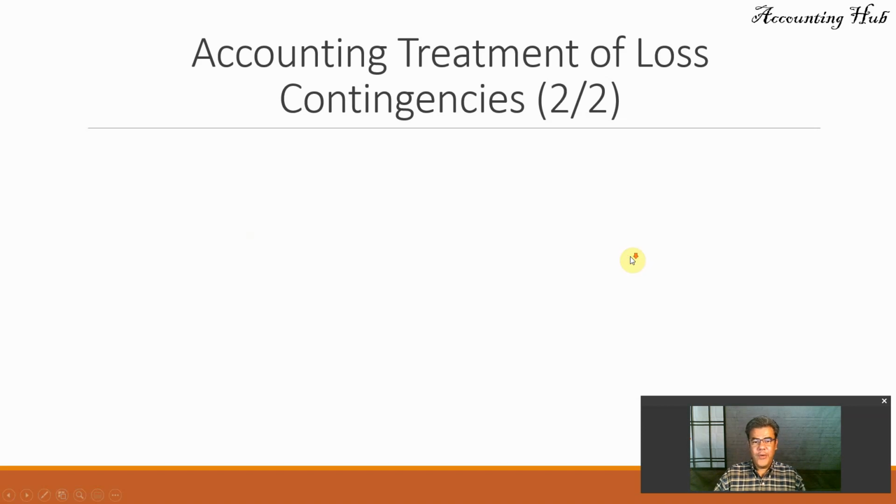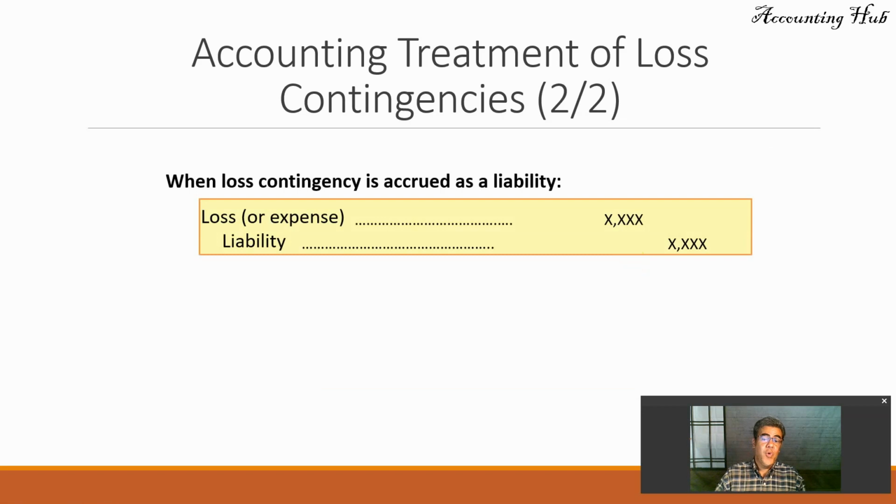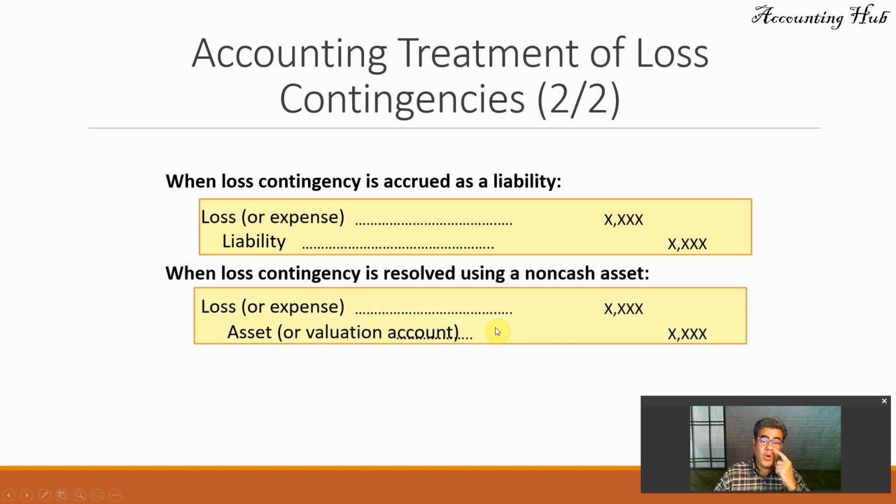And what is our journal entry? That is quite easy. When a loss contingency is accrued, debit loss or expense, for instance, loss on warranty or warranty expense, and credit contingency liability or provision for warranty, or any other name that you want to give it. When a loss contingency is resolved using a non-cash asset, debit loss and credit the asset or valuation account.